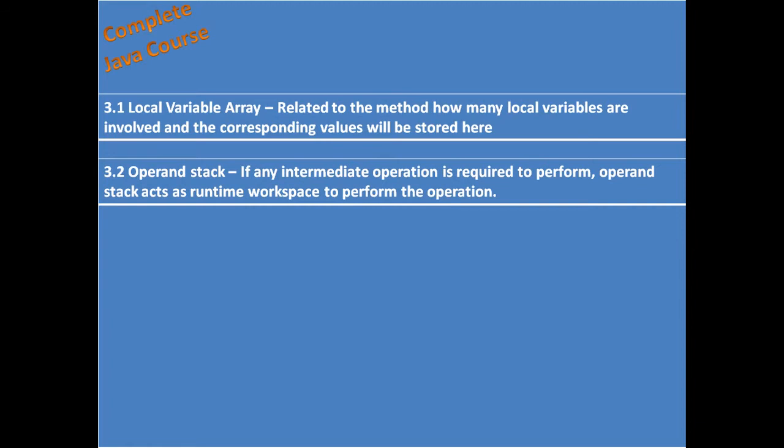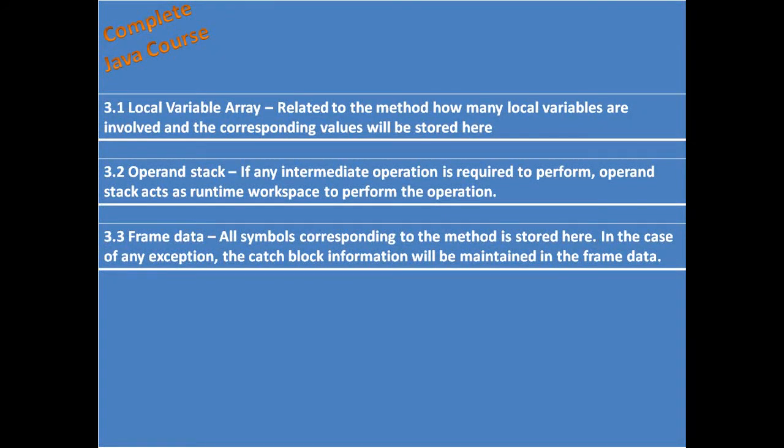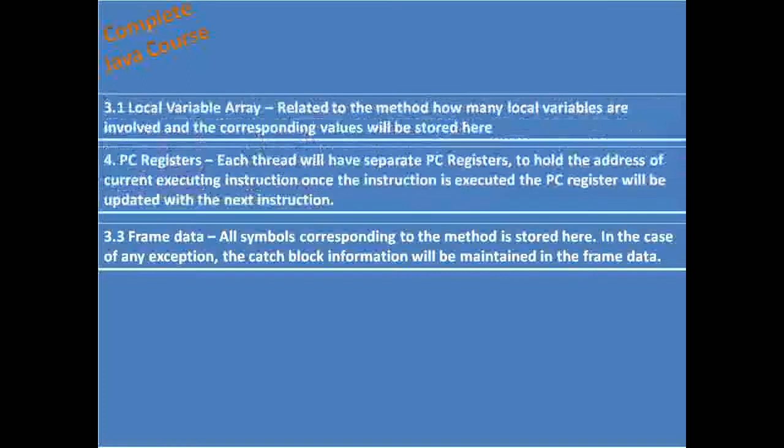If any intermediate operation is required, the operand stack acts as a runtime workspace to perform the operation. Number three, frame data. All symbols corresponding to the method are stored here. In case of any exception, the catch block information will be maintained in the frame data.